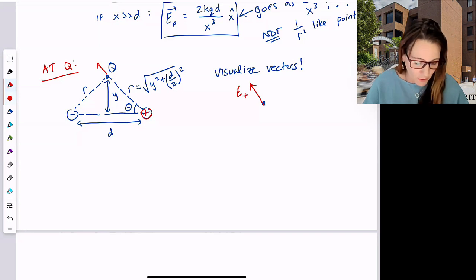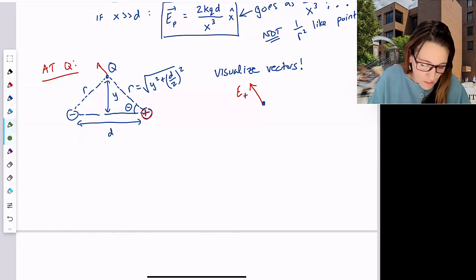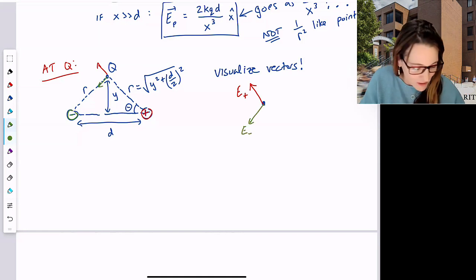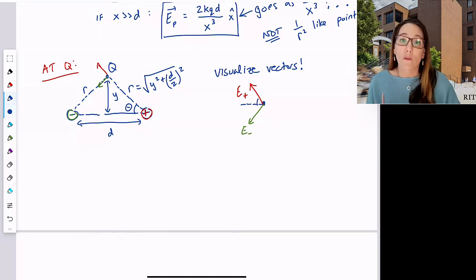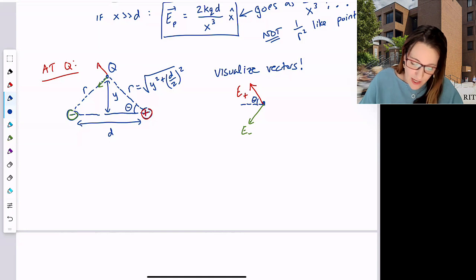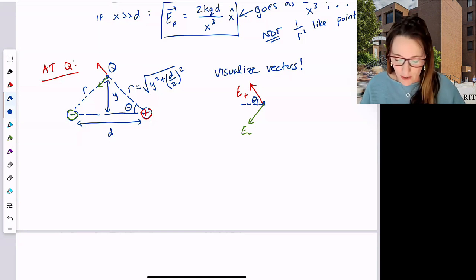So that's my electric field from the positive. And then I'm going to have an electric field that points towards the negative. I had defined some angle theta that I recognize is the same as that other angle theta in my original diagram.